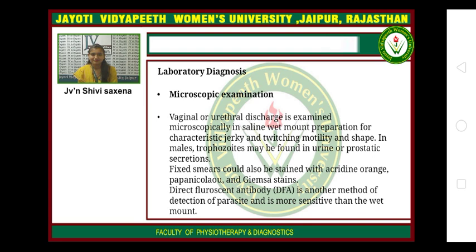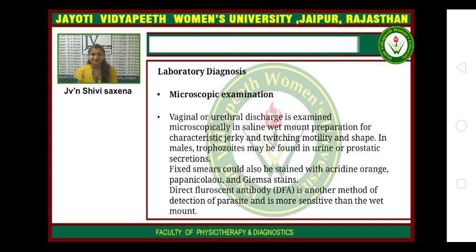Treatment. Simultaneous treatment of both partners is suggested. Metronidazole 2 gram orally as one dose or 500 mg orally twice a day for 7 days is the drug of choice.